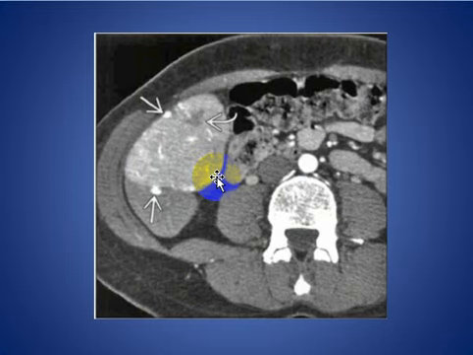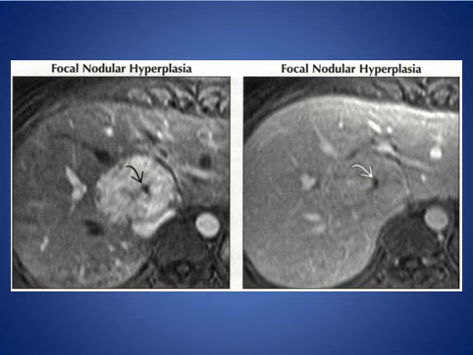Here we see, in the arterial phase, a large focal nodular hyperplasia homogeneously enhanced with central scar noted here, and the draining vein on the periphery of the lesion. Another patient with focal nodular hyperplasia. Here, this is an MRI study.